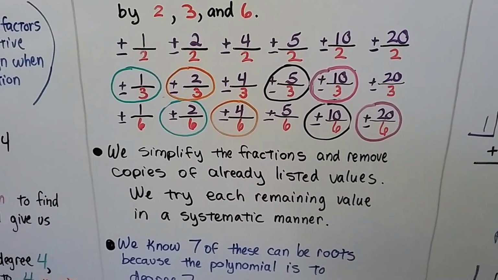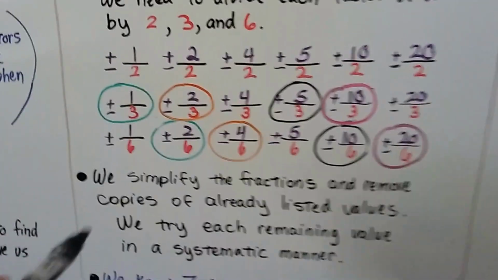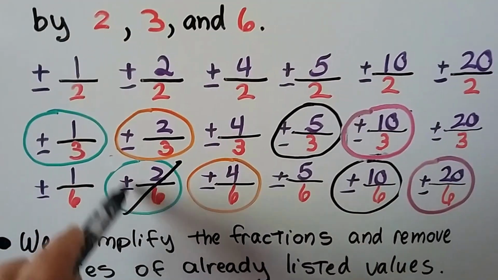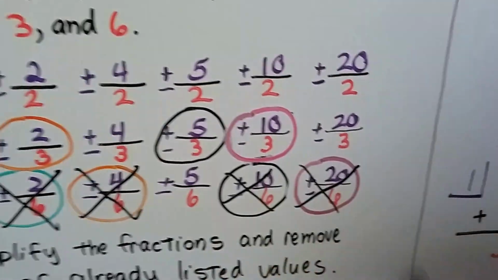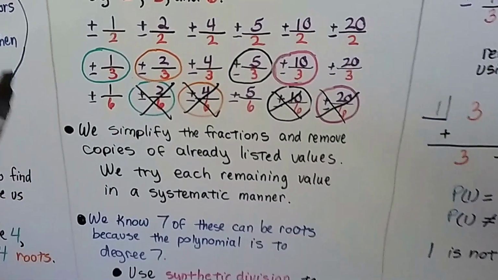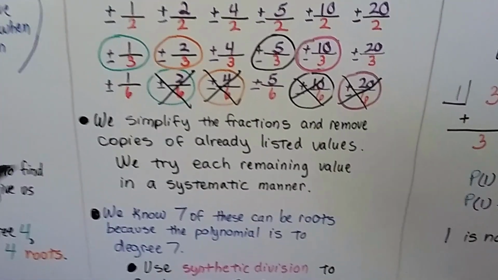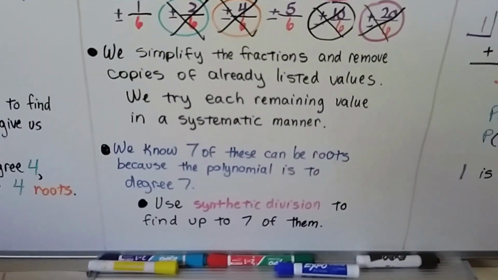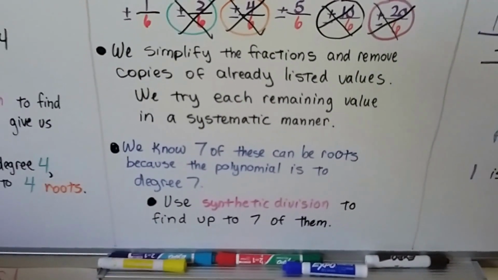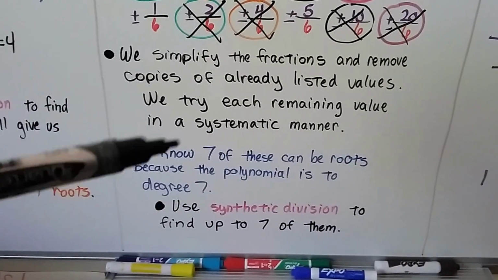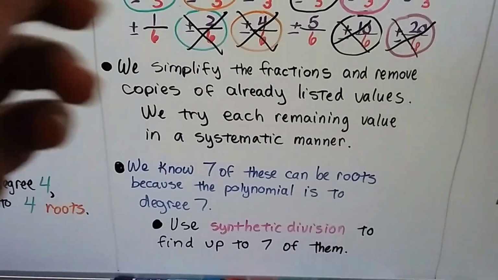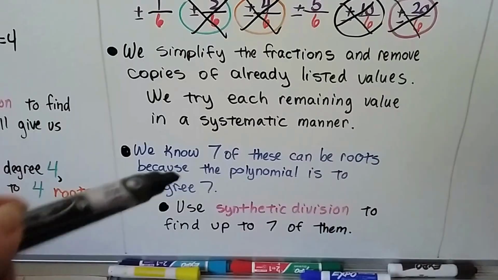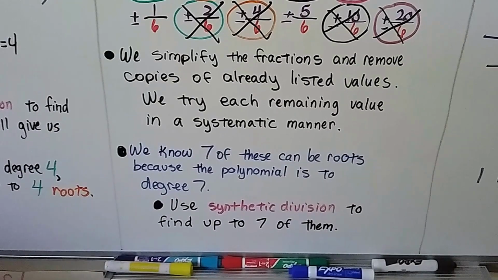So we simplify the fractions and remove copies of already listed values. And then we try each remaining value in a systematic manner. So we don't need to do this one, or this one, or this one, or this one, and we look for any other copies there might be. I might have even missed one, who knows. But we know, because this is a polynomial of degree 7, that up to 7 of these factors can be roots of the polynomial.